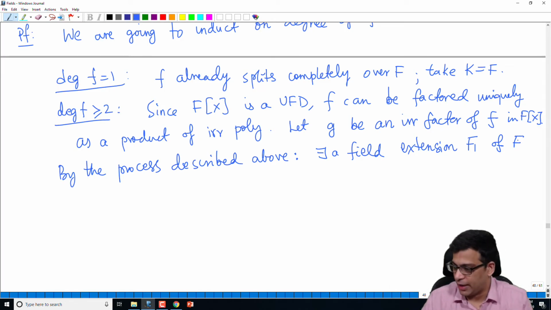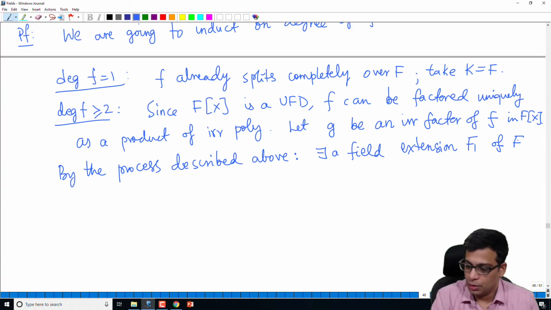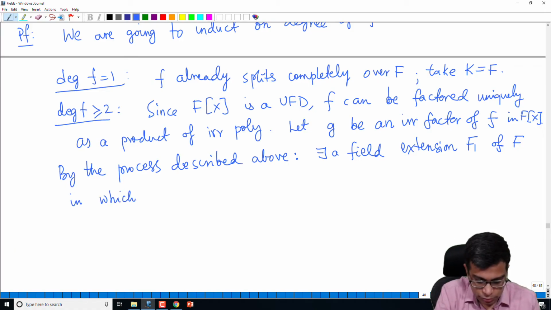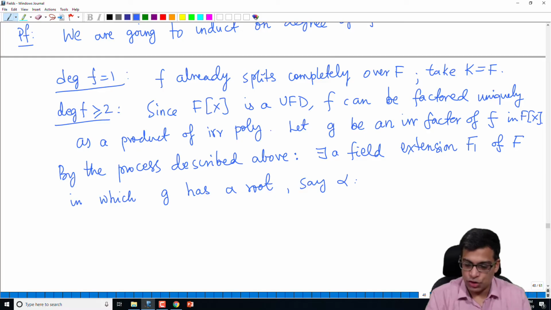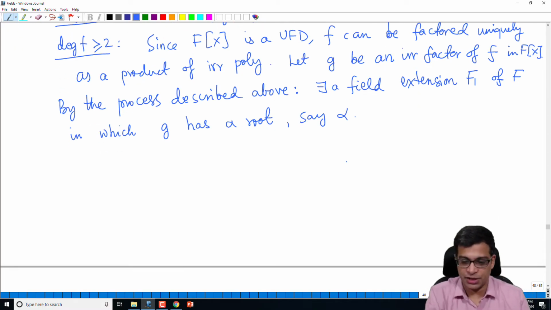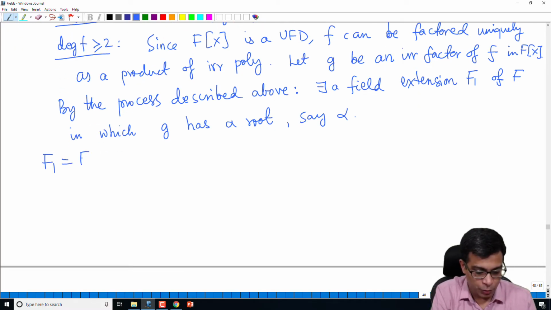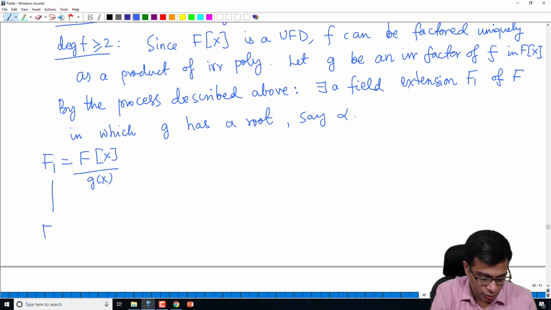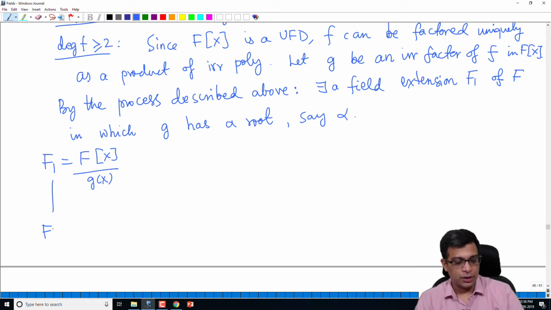There exists a field extension F1 of F in which g has a root, say alpha. So just to recall, how do we construct such an extension field? We simply take F1 to be F[x] modulo g(x). It's an extension field of F and x bar is a root of g. Because g is an irreducible polynomial, F1 is a field.